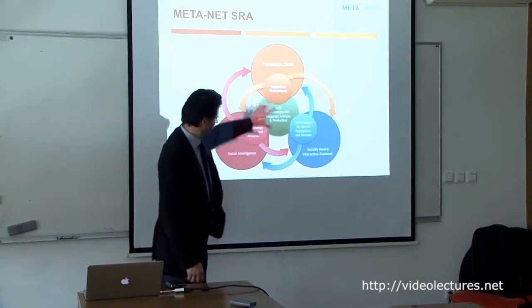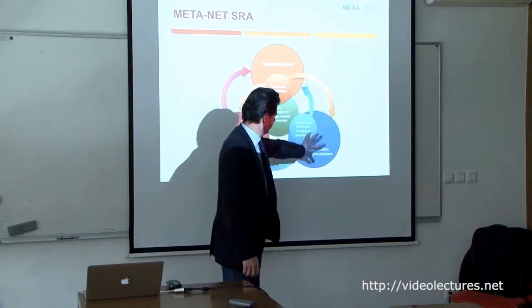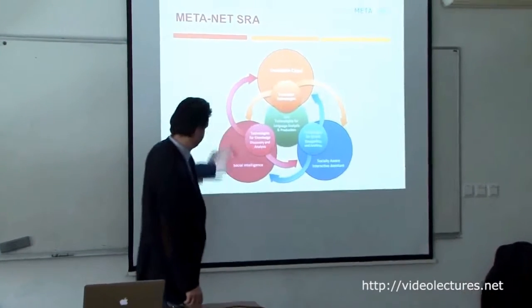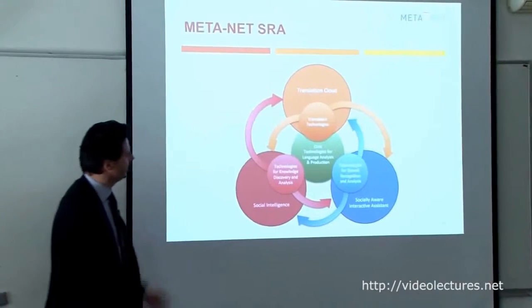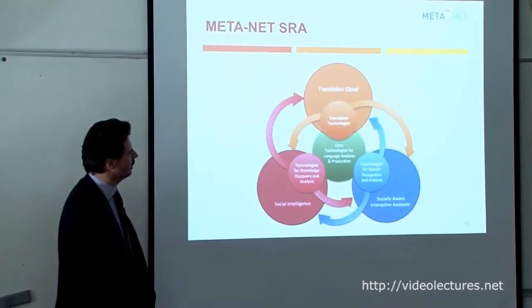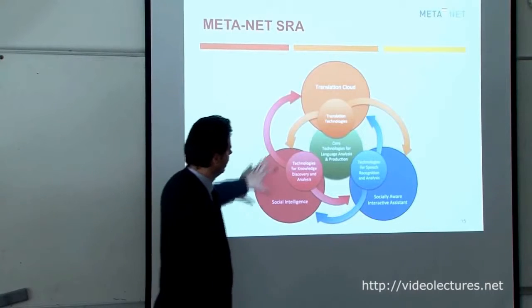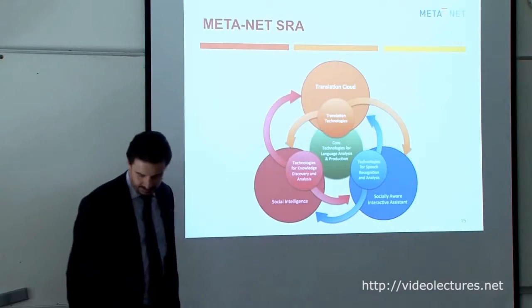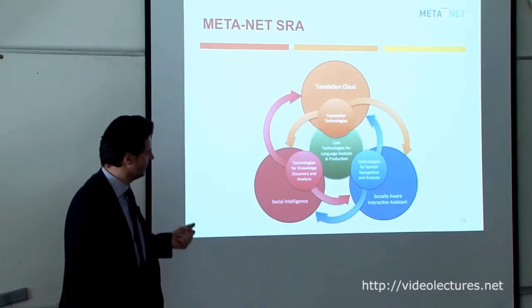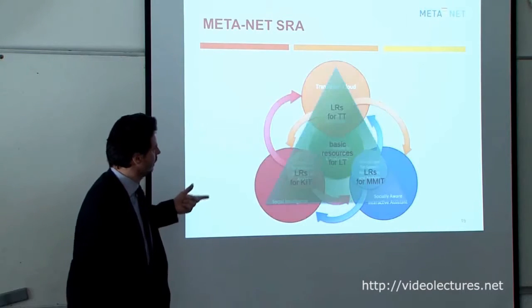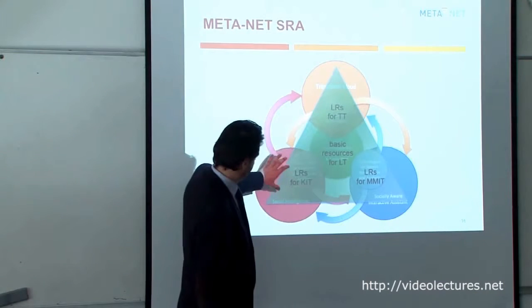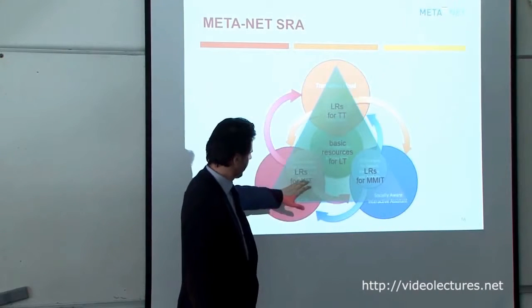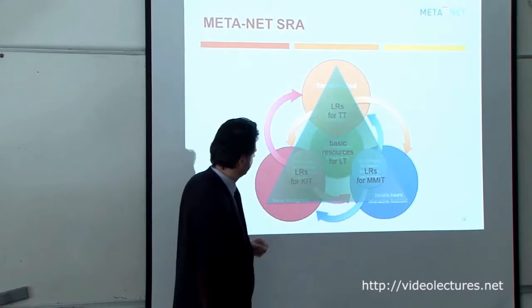So the idea was to see how, in this triangle of activities, either socially aware interactive assistance, or some kind of social intelligence, or some kind of translation facilities like Translation Cloud, these three points in a triangle could be connected and what kind of language technologies we need for that. And then we see that we need language resources for knowledge information technology.